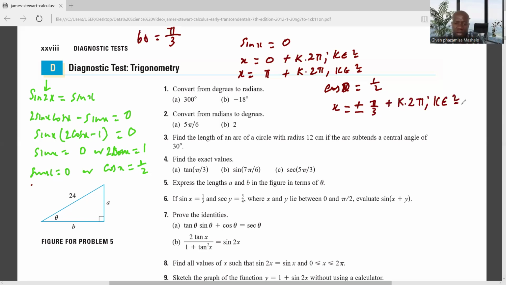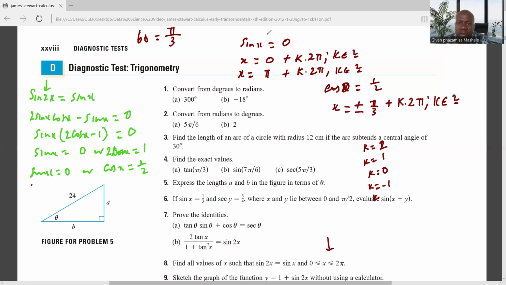But now we want the values, not the general solution, we want the values that are lying between here. So obviously to do that, we're going to start doing k equals 2, k equals 1, k equals 0, k equals -1, and k equals -2.